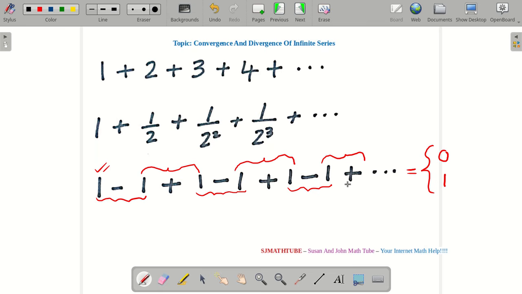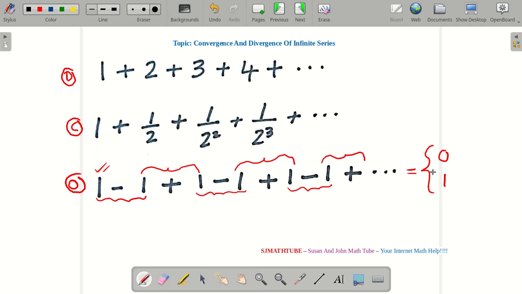And such a series is called oscillatory series. So once more, look at the first one, it's called divergent series. Look at the second one, it's called a convergent series. And now take a good look at the last one, it's called oscillatory because it keeps on oscillating between the two values.